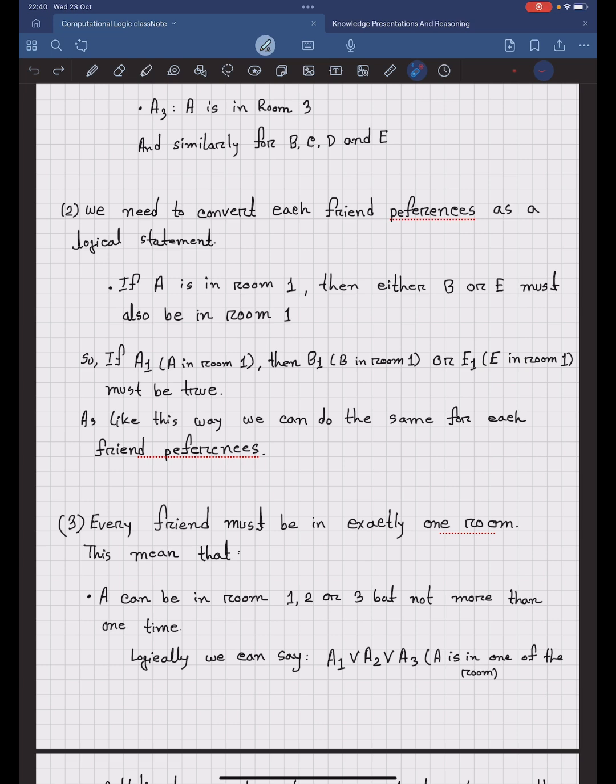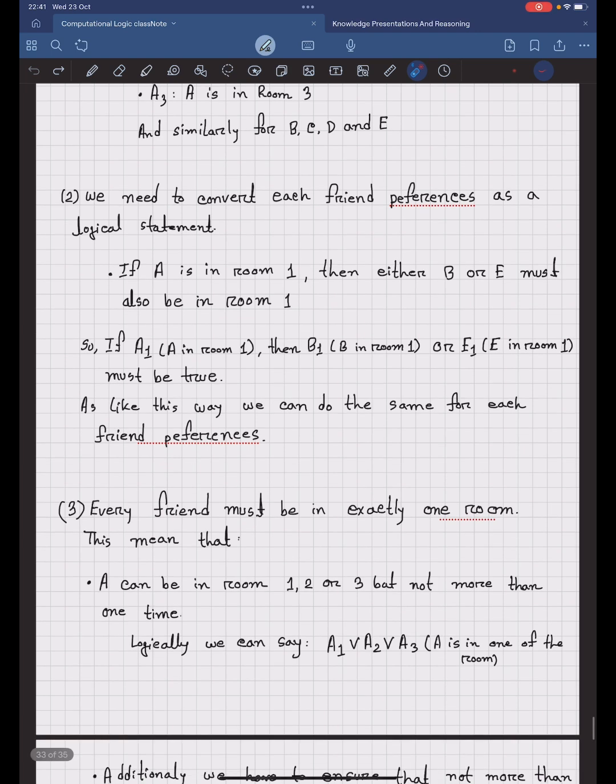the preference of your friend is which room they can choose. It's like someone is choosing one room for themselves. It's a little bit complicated, but in an easy way, every room has a possibility to be chosen.